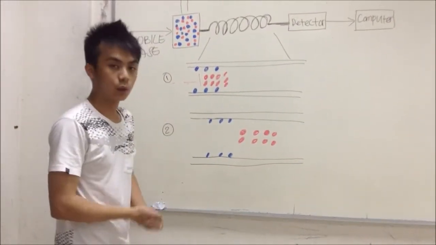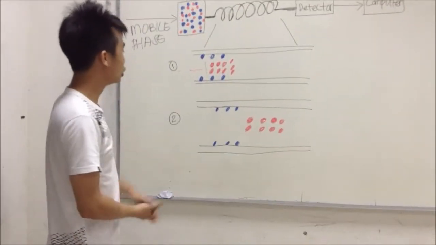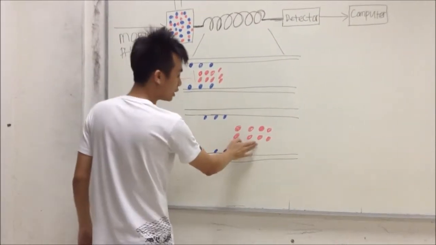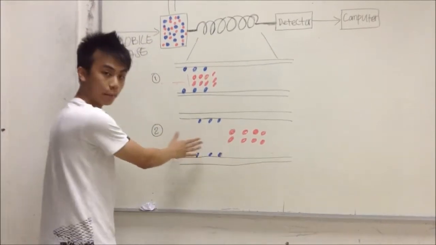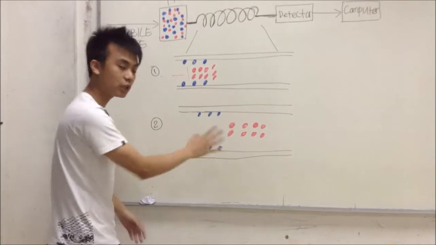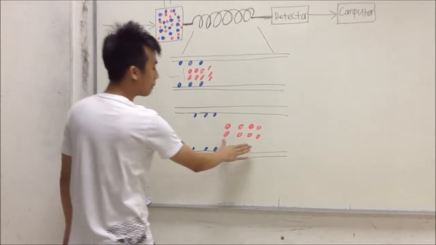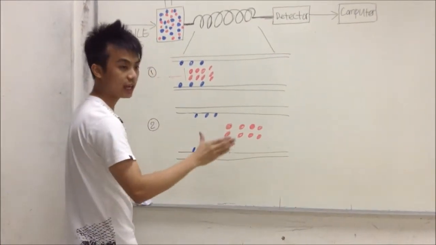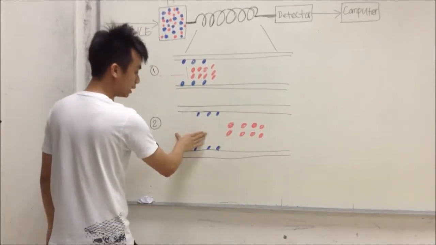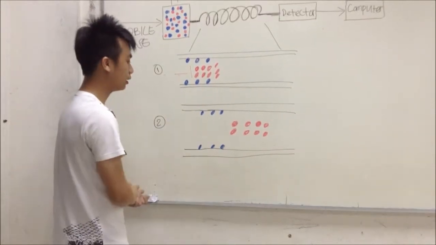But the problem is, which compound will reach the detector first? So we proceed to the second stage. As we can see in the second stage, compound A is much further away compared to compound B. This is because compound A is much more volatile compared to compound B. In other words, compound A is much more ready to change itself into vapor state compared to compound B, which prefers to stay in liquid phase.